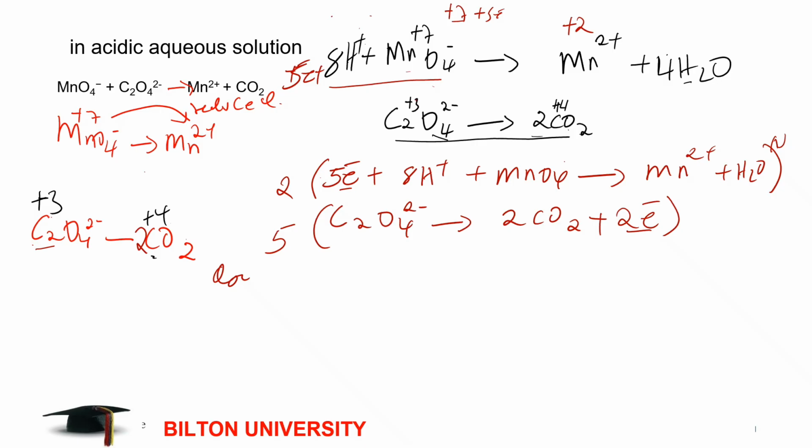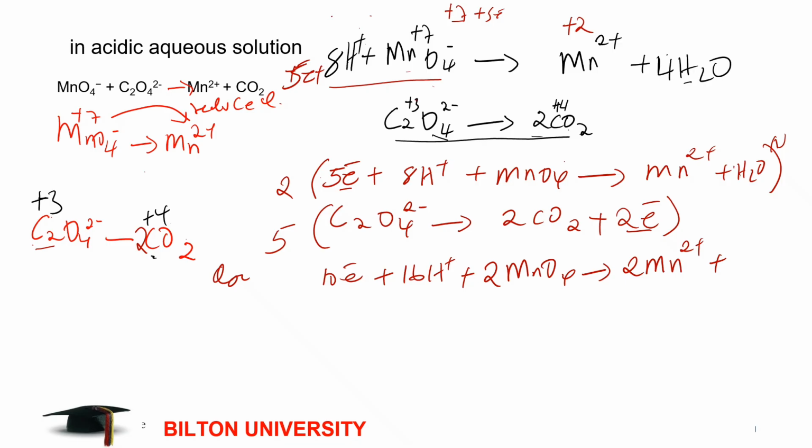In that case, we're going to have 10 electrons plus 2 times 8, which is 16 H plus protons, plus 2 MnO4 minus, giving 2 Mn2 plus and 2 times 4 water.